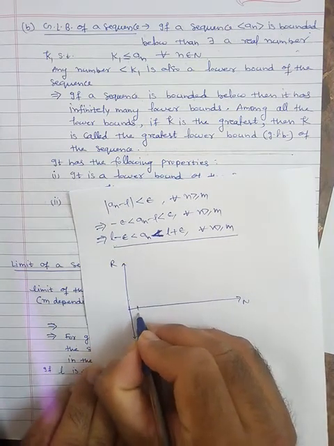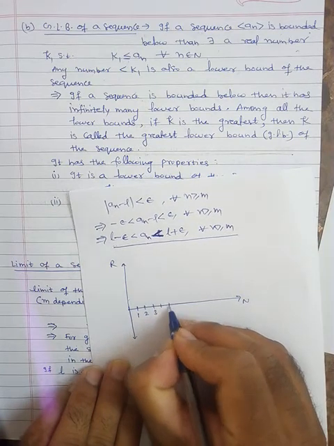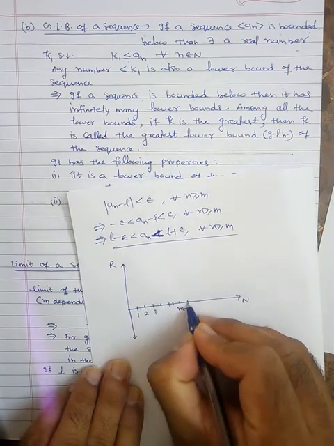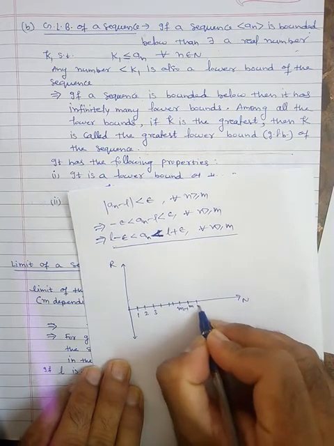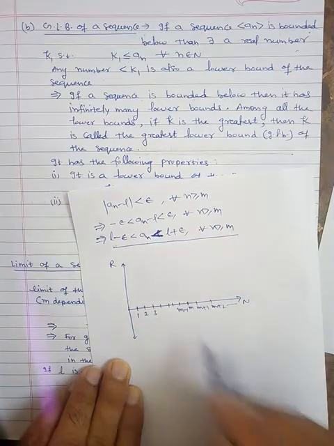So here n is 1, n is 2, n is 3, somewhere we have m minus 1, then m, then m plus 1, then m plus 2, and so on. This is the domain.